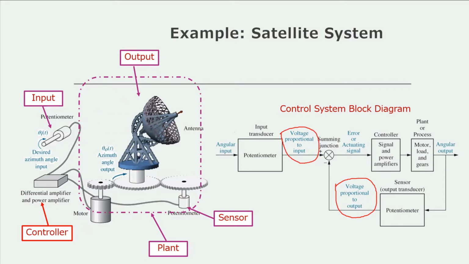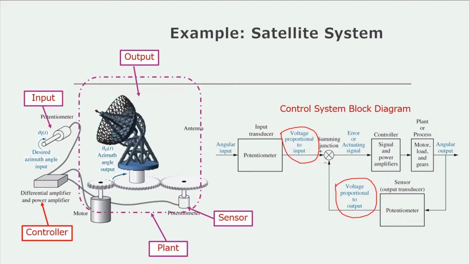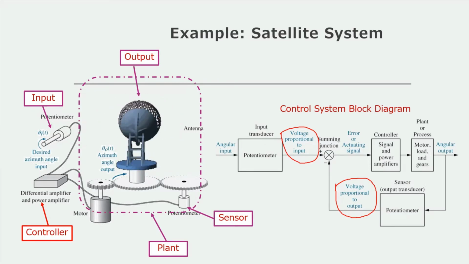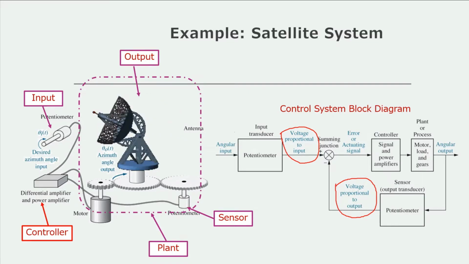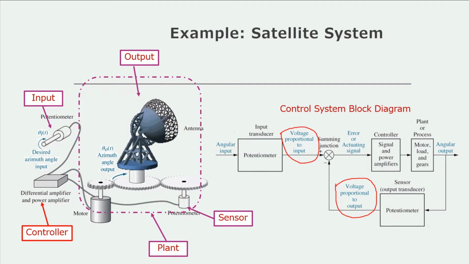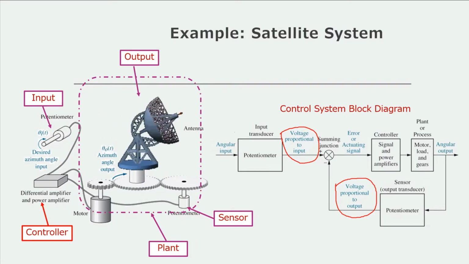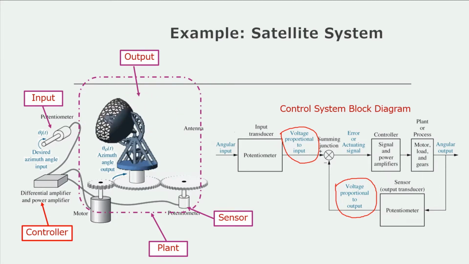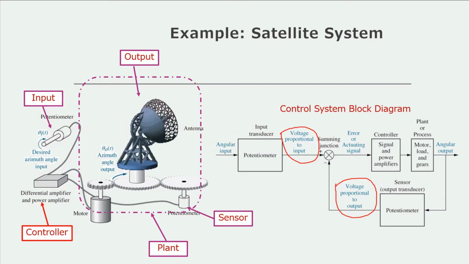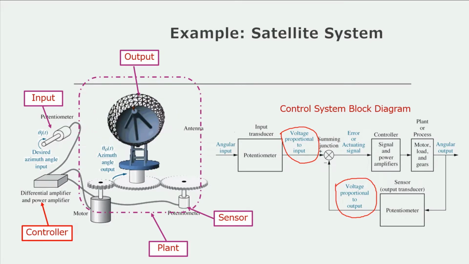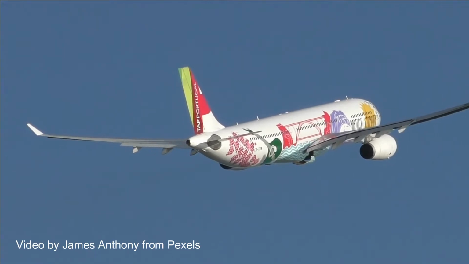We need to take the voltage input because we want to subtract the voltage output. Potentiometers can convert mechanical rotation into voltage. The same goes for the sensor for the azimuth rotation, which converts the mechanical rotation into voltage, because we want to find the tracking error. That error we need to send to the controllers. So that's the main point I want to highlight when we design the control systems.